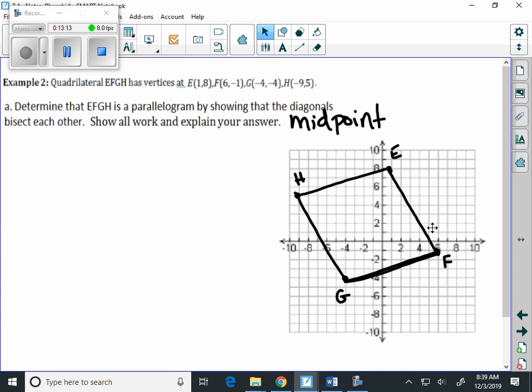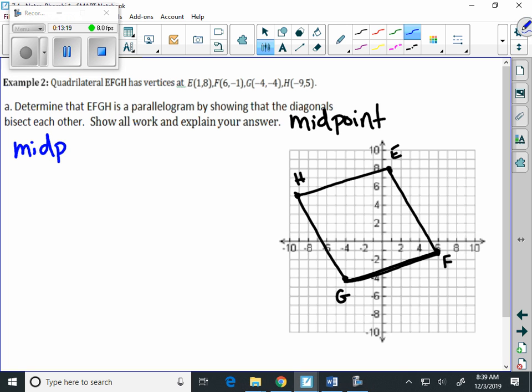So once again, in terms of the diagonals, we're going to do the midpoint of, let's do HF first, it doesn't make any difference. The midpoint of HF, we're going to draw a triangle again.